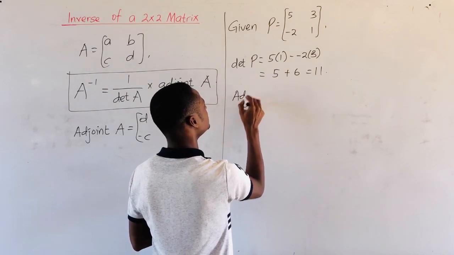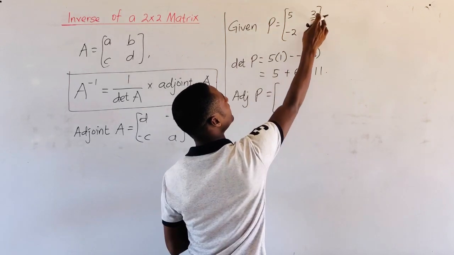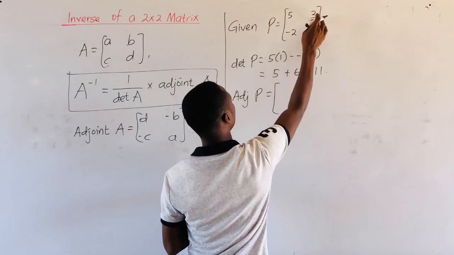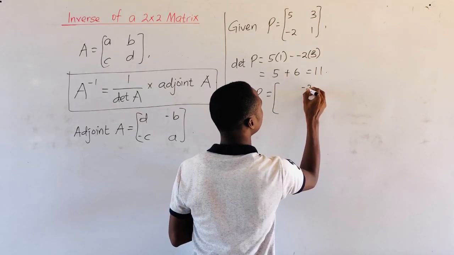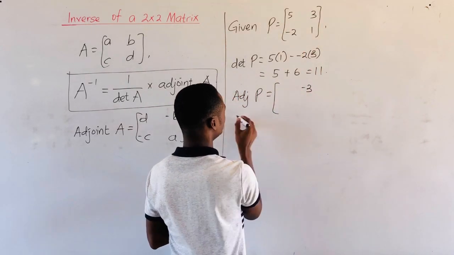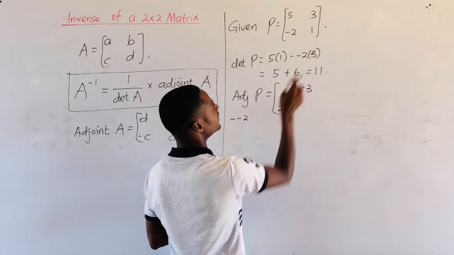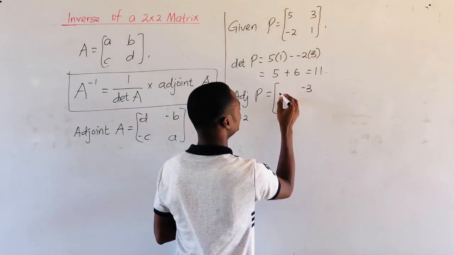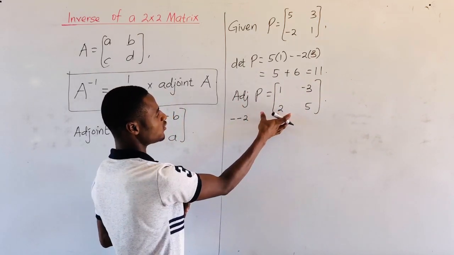Then the adjoint of P: we negate the values of B and C. Negating this gives us negative 3. Negating negative 2 gives us positive 2. Then we interchange the values of D and A. So this is our adjoint of P.